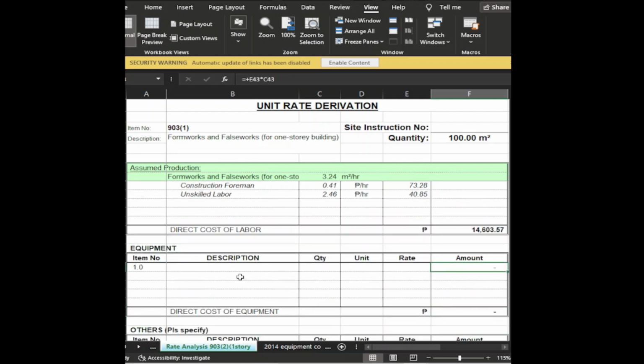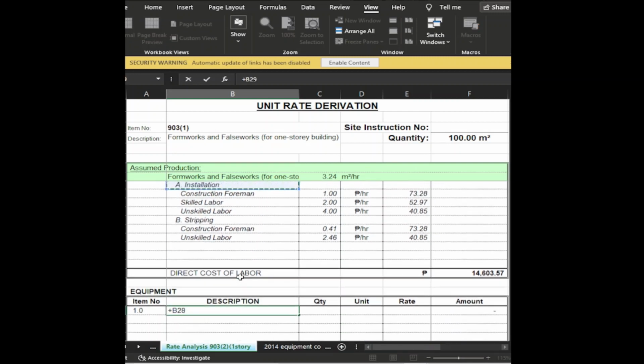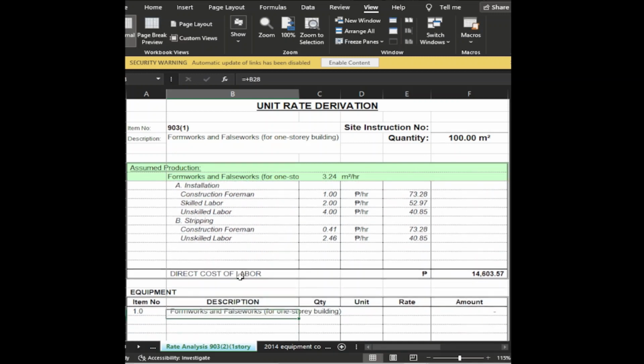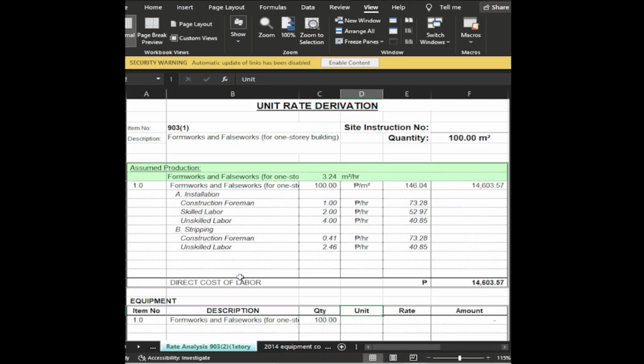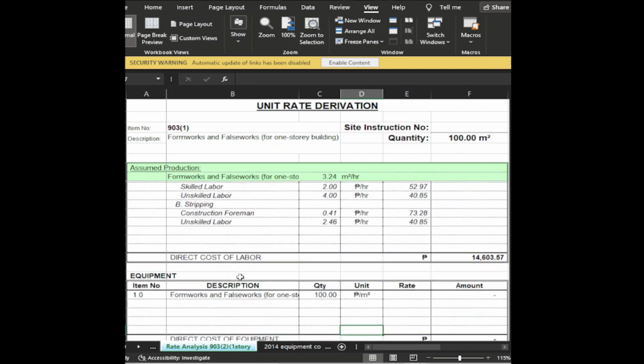So for our equipment, we need only minor tools. So we will copy the description and again the quantity, and we'll get the peso per square meter.